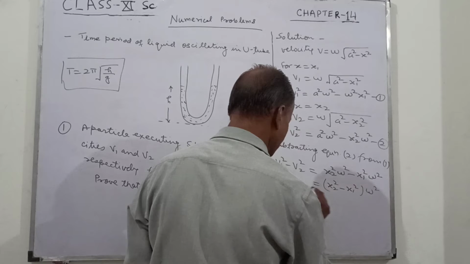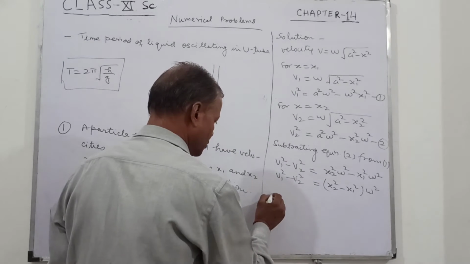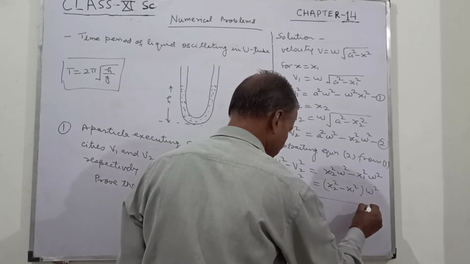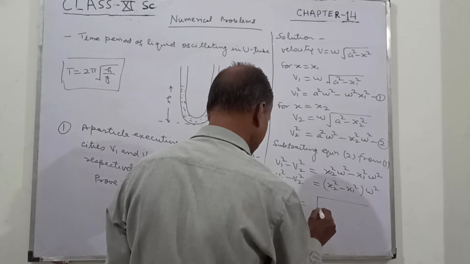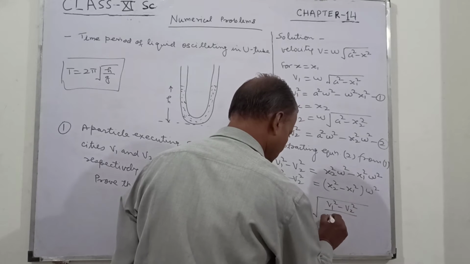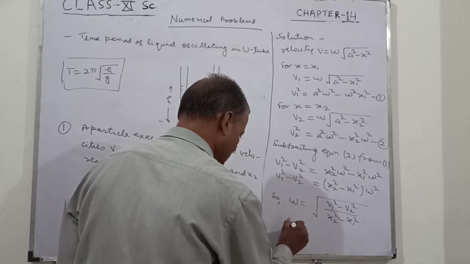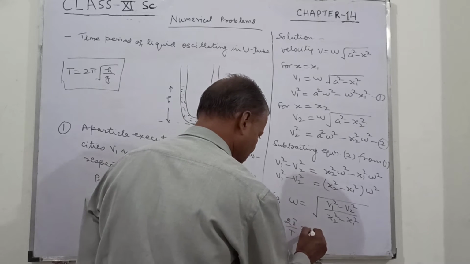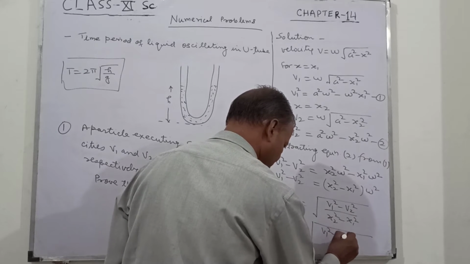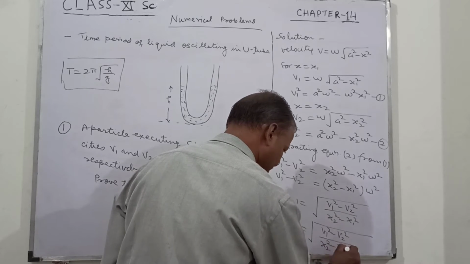So omega equal to the square root of b1 square minus b2 square upon x2 square minus x1 square, and omega is equal to 2 pi upon T. This is the square root of b1 square minus b2 square upon x2 square minus x1 square.